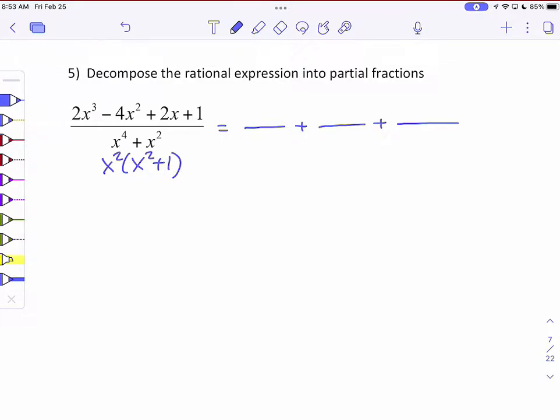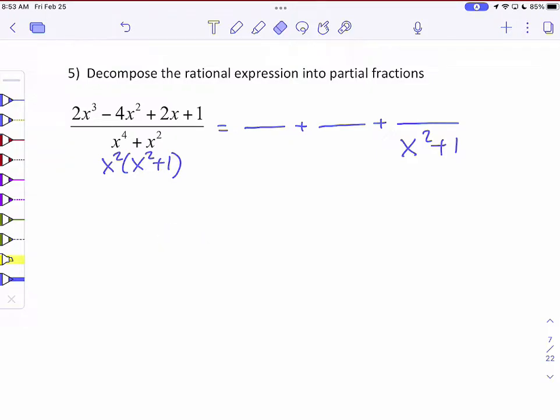Why are there 3 fractions? Okay, this one is not a repeated one. That x squared plus 1 is not a multiplicity of 2. If it was written like this, x plus 1 squared, that's a repeated one. But that squared's on the inside, that's not a repeated one.